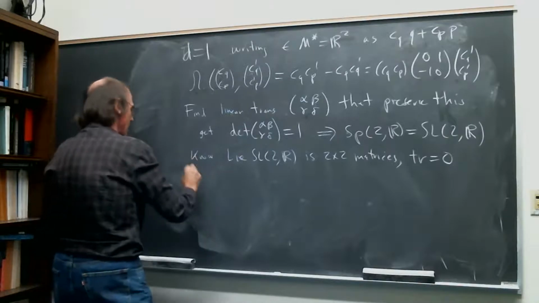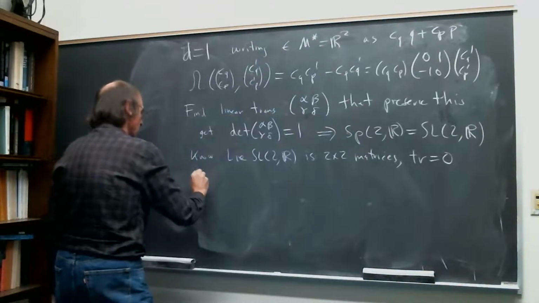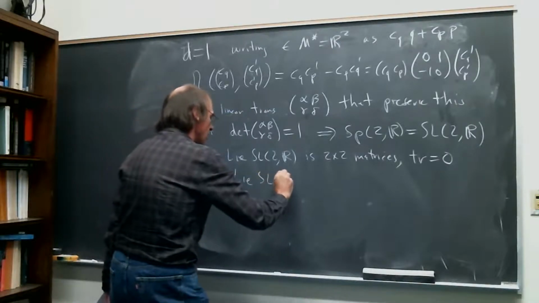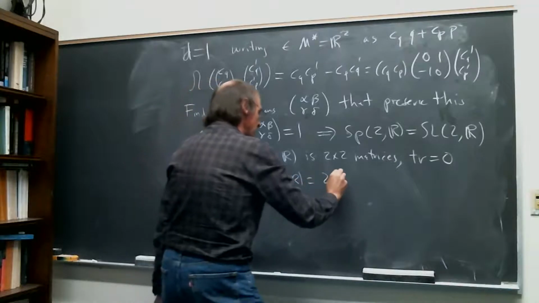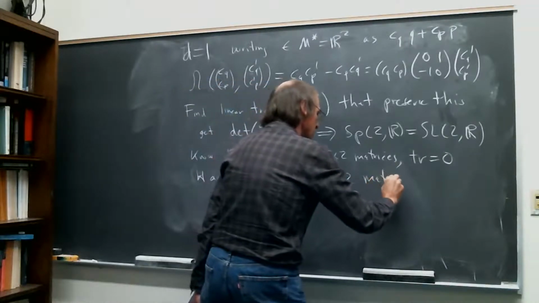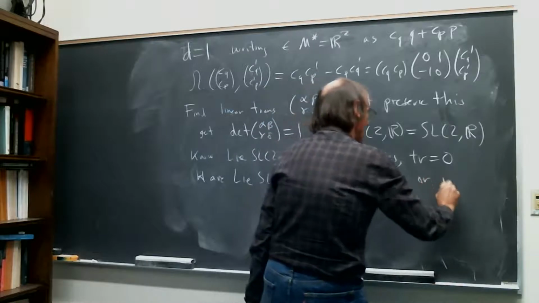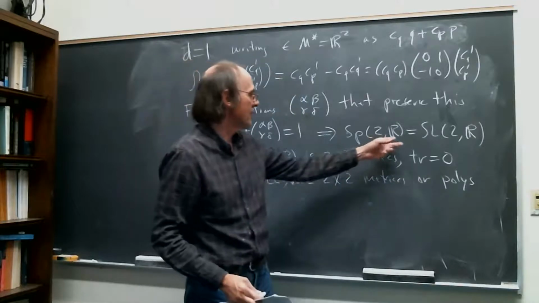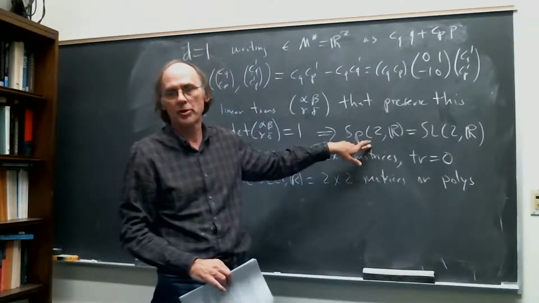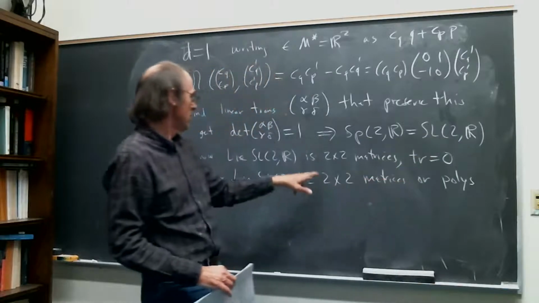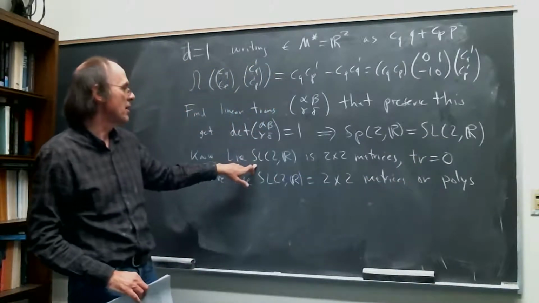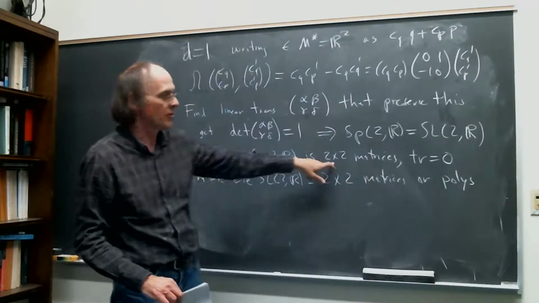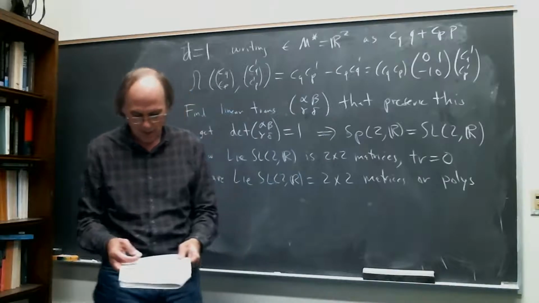So we have the Lie algebra of SL2R is equal to 2 by 2 matrices, while the other side is supposed to be quadratic polynomials. So what's the identification?